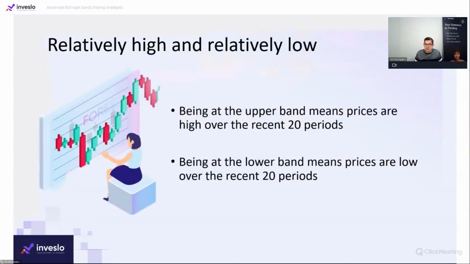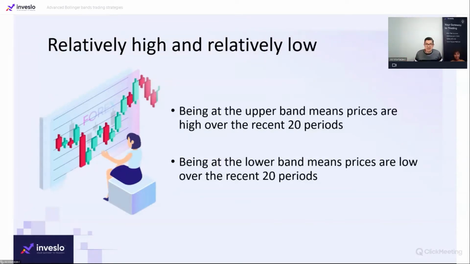So let's see what relative highs and relative lows are in terms of Bollinger Bands. It's crucial to remember that the 2 key concepts behind the Bollinger Bands are that price is relatively high at the upper band by definition, and price is relatively low at the lower band. So it means the relationship between the price and the band is more important than the relationship between the price and its history.